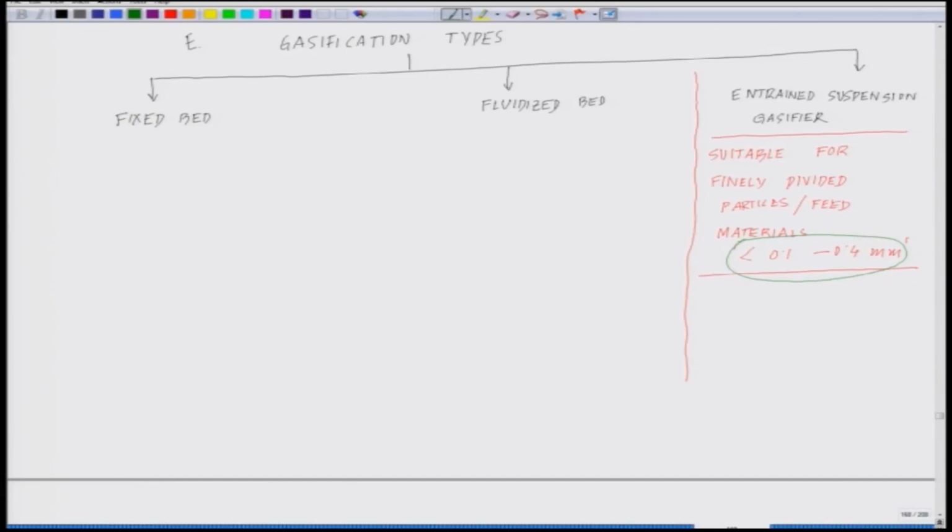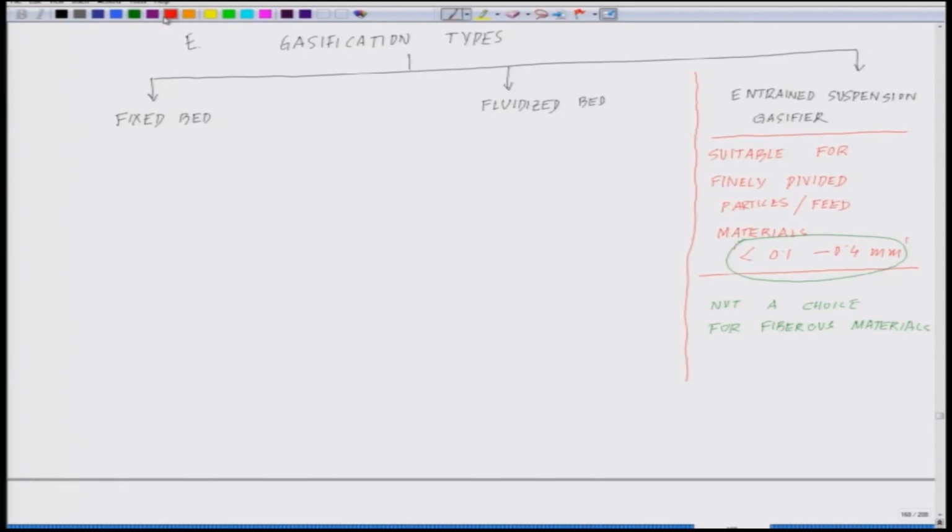So, that is why this is not really a choice for fibrous materials. But this is just for your general knowledge.